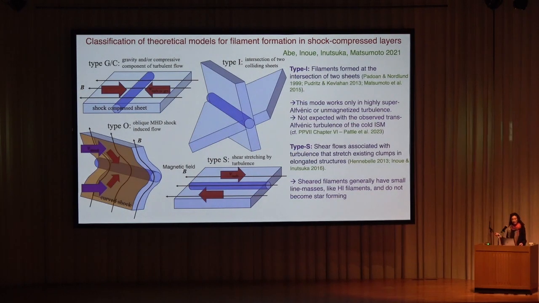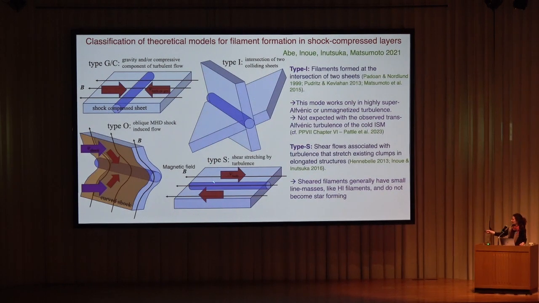The first type is type I, which corresponds to filaments forming at the intersection of 2 sheets. This mode works only in highly super-Alfvénic, unmagnetized turbulence, which is not very realistic given observations suggesting the ISM is in trans-Alfvénic turbulence.